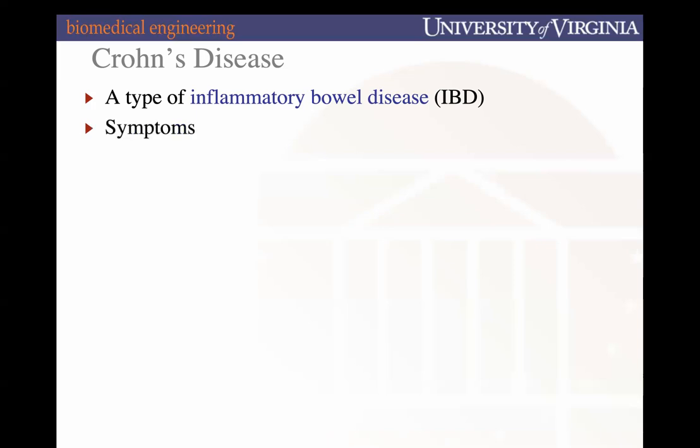The symptoms associated with Crohn's disease, because of its ability to manifest across the entire GI tract, can really disrupt nutrient uptake and manifest with growth retardation, with fever, and with severe weight loss as well.